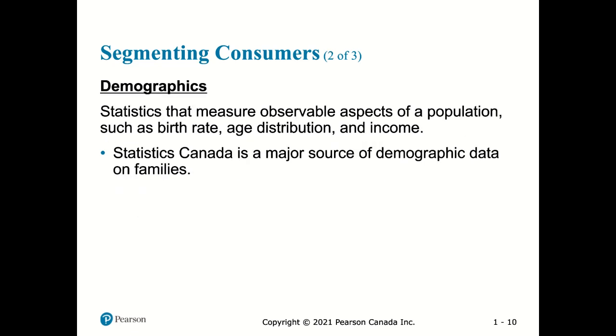Now, if we talk about demographics, these are statistics that measure observable aspects of the population, such as birth rate, age distribution, and income. Statistics Canada is the main and primary source of demographic data on families.